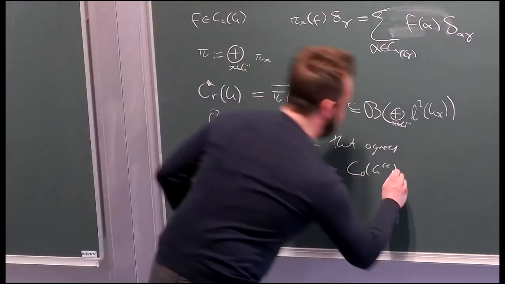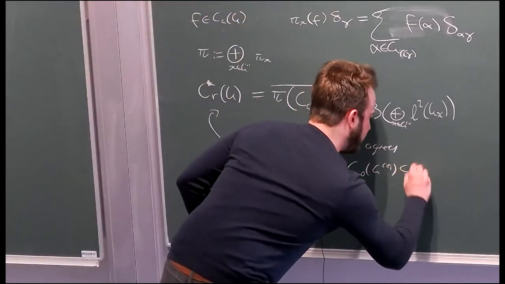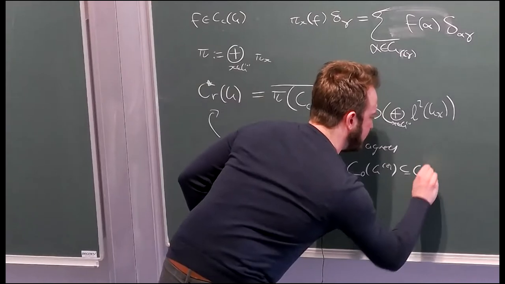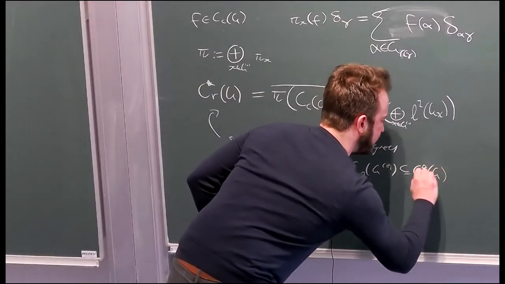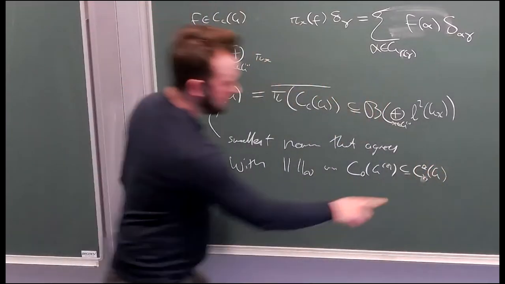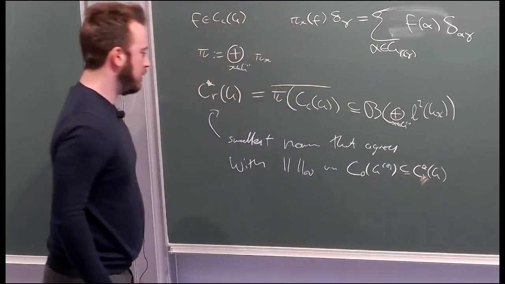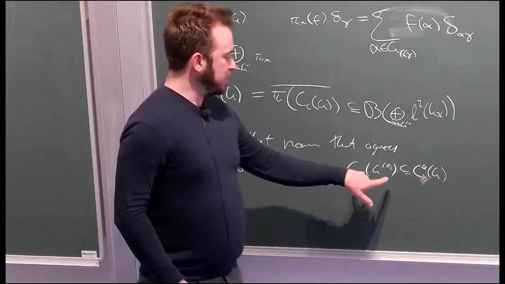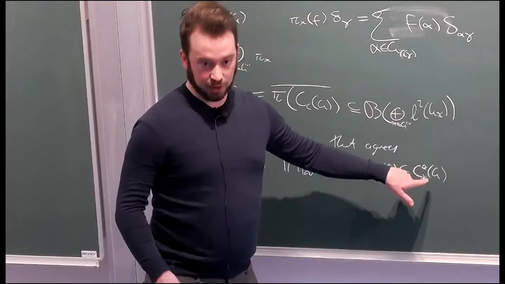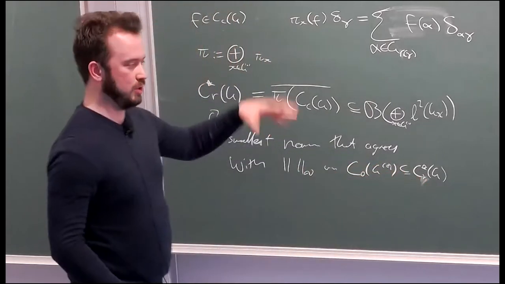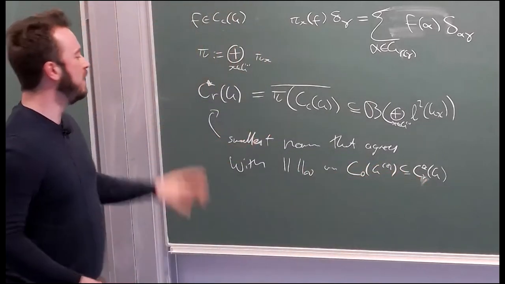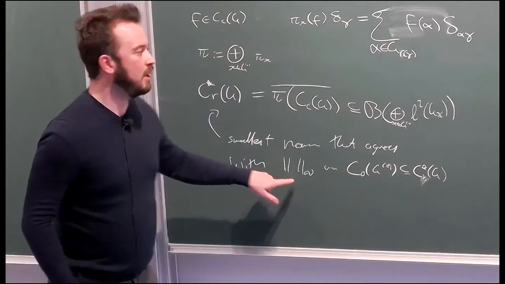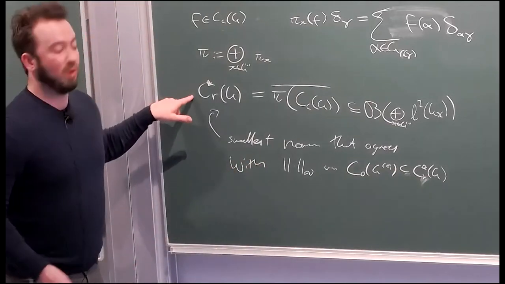This thing always embeds into C star of G and C star reduced of G. So we want this to be an honest star subalgebra of the full and reduced groupoid C star algebras. So we need a norm that at least is this big. In the Hausdorff case, this is the smallest possible one.